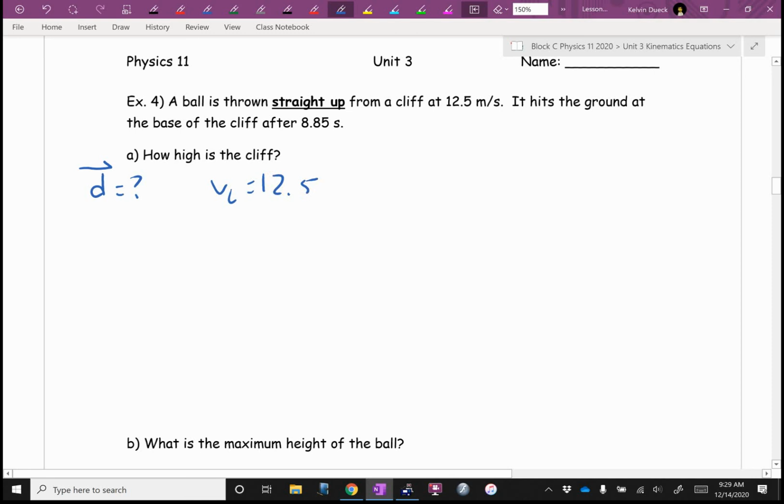What's that 8.25? That's only two things. I need three to find the fourth. V final will not be zero. V final, when you hit the ground, is not zero.